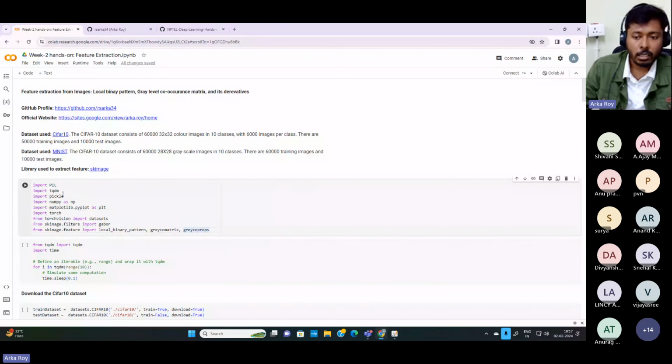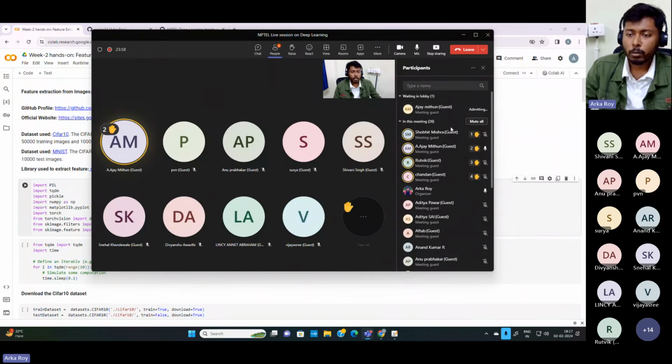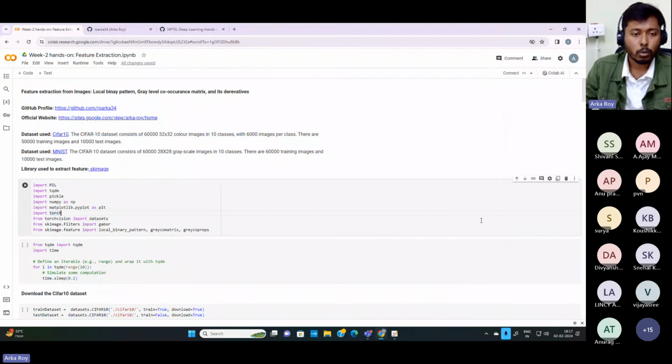TQDM is basically used to show the progress of any loop. For example, you are running a for loop that needs to iterate over 10 instances. TQDM will show you the progress of the loop. In this snippet, from tqdm I am importing tqdm and doing a dummy operation.